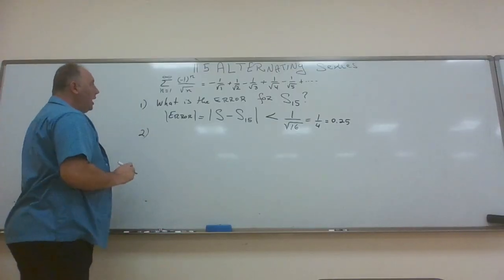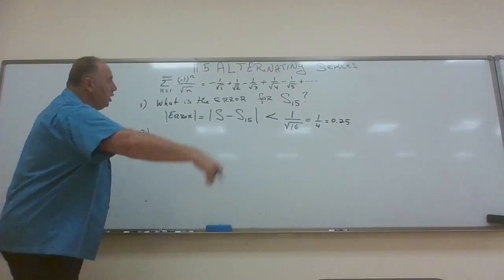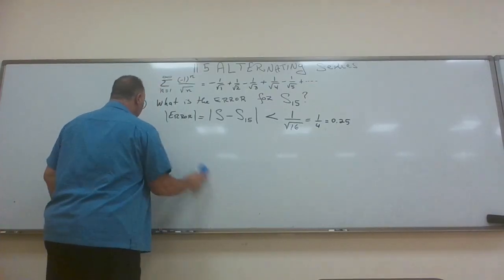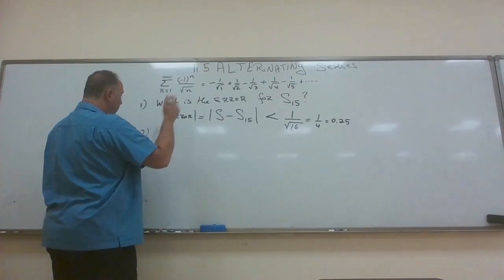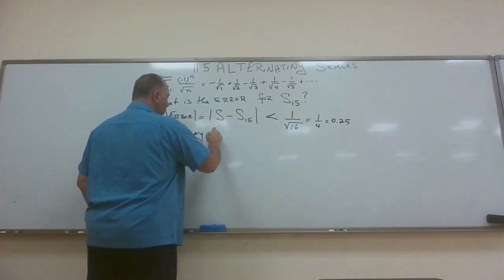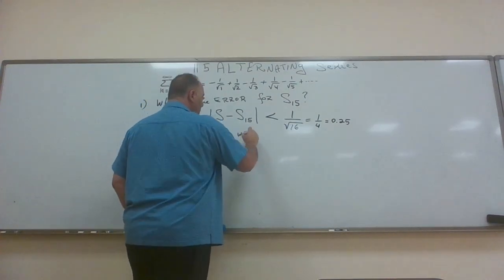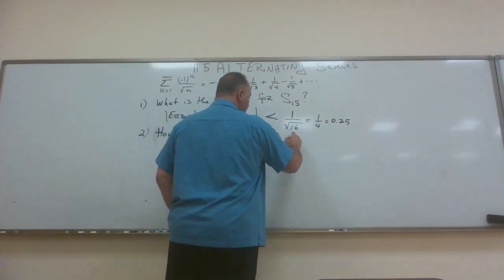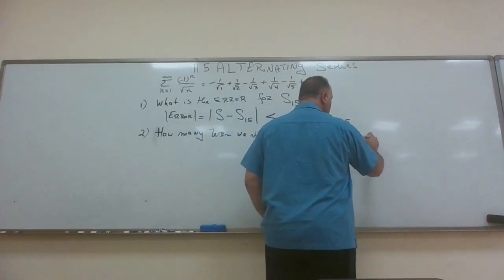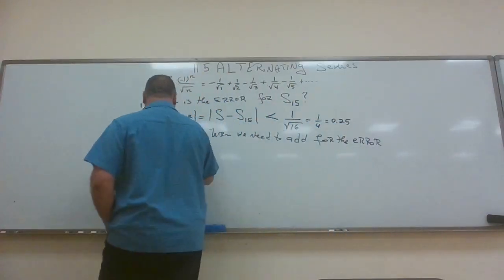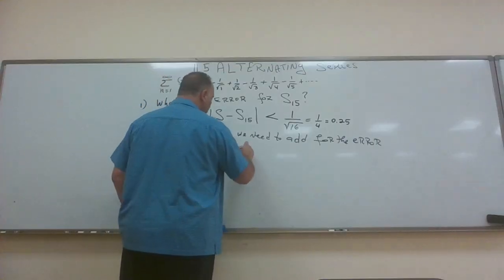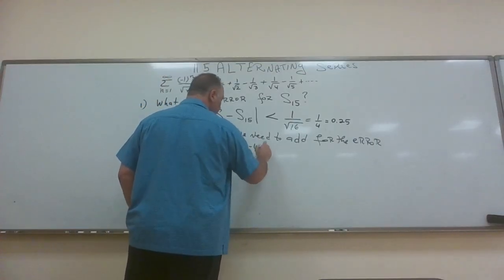Another type of question is, how many terms should I add in order for the error to be smaller than some number? So let's say, how many terms do I need to add for the error to be at most 10 to the power minus 4.